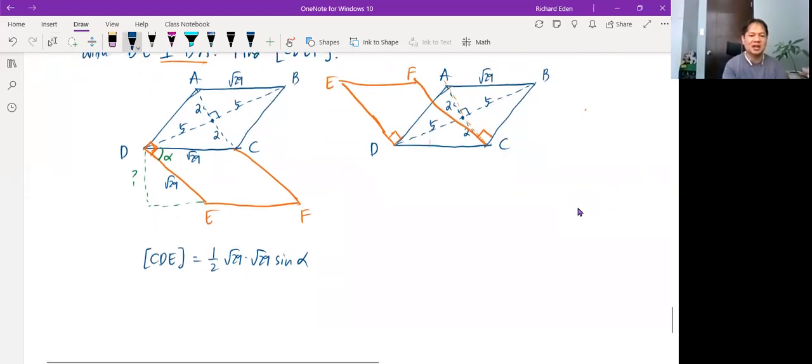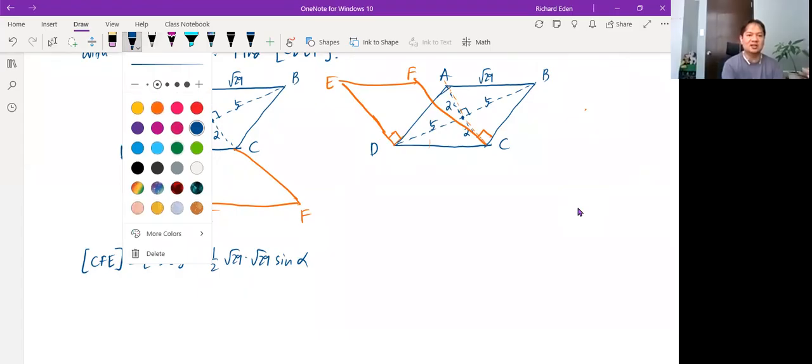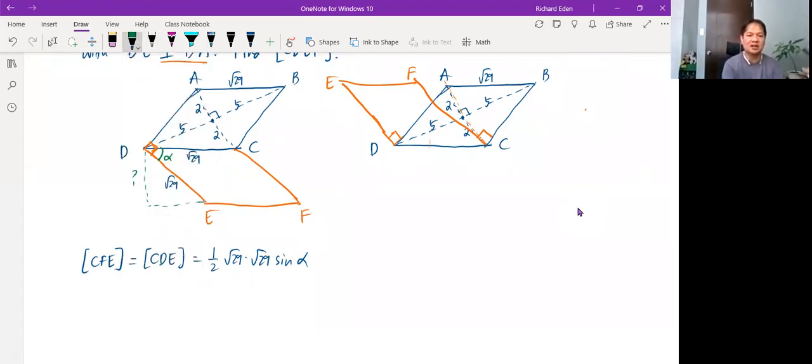Okay, but then CDE is going to have the same area as CFE. Okay, CDE, dun sa orange rhombus natin, so CDE is the one that's higher. Okay, ito nung CDE, and then CFE would be this one naman, CFE.